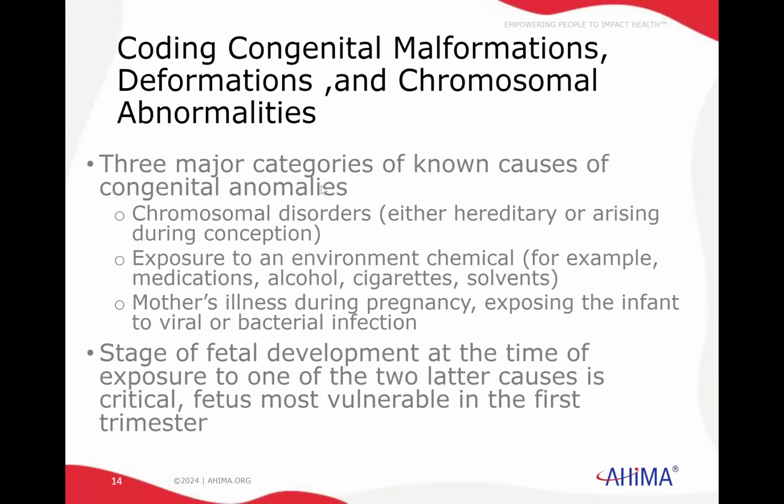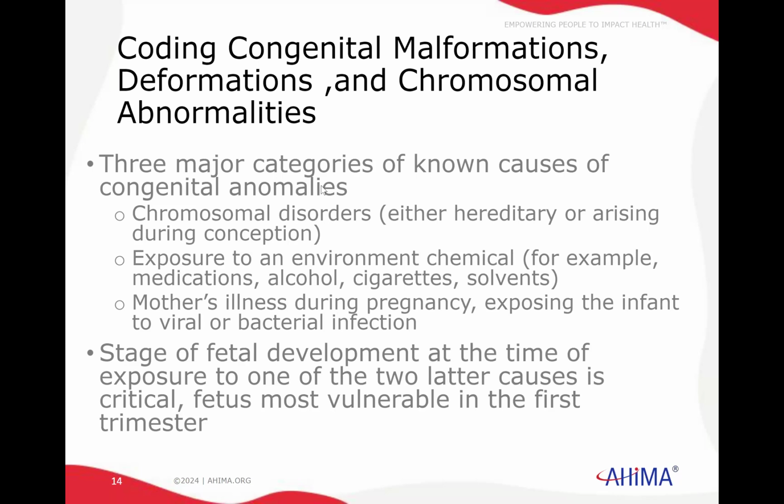And again, there are different types of congenital anomalies. We can think of this in 3 broad terms. There are the chromosomal disorders that can either be hereditary or arise during conception. There can be things that the neonate, the baby, was exposed to in utero, such as drugs, alcohol, cigarettes, industrial solvents, whatnot.